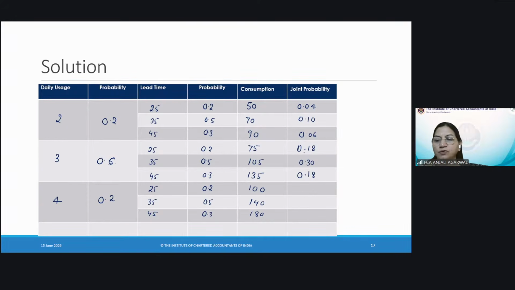This is 0.6 into 0.2, 0.12. 0.2 into 0.2, 0.04, 0.2 into 0.5, 0.10, and 0.2 into 0.3, 0.06. When you will add this, 4 plus 10, 14, plus 6, 20, plus 12, 32, plus 30, 62, plus 18, 80, plus 4, 84, 94, and 100. So the total should come out to be 1.